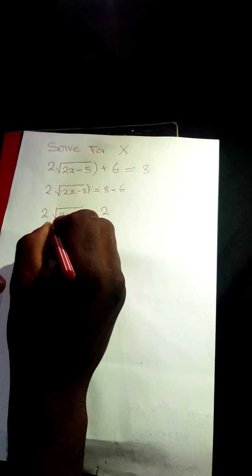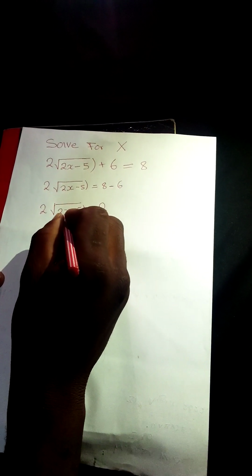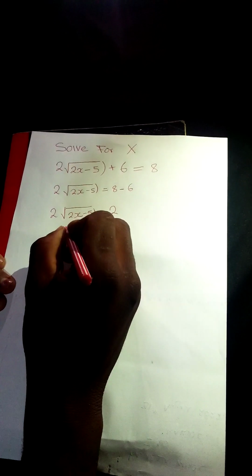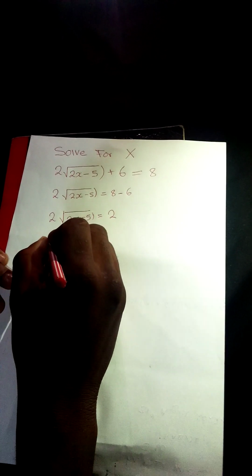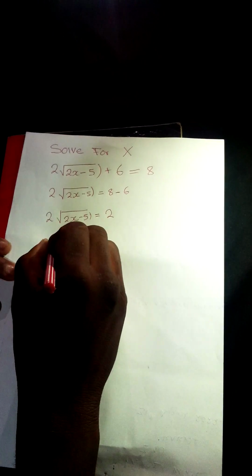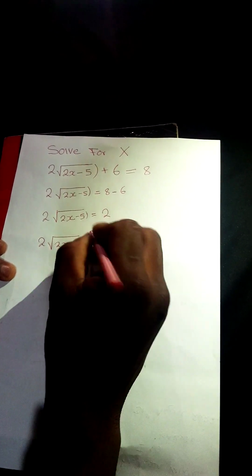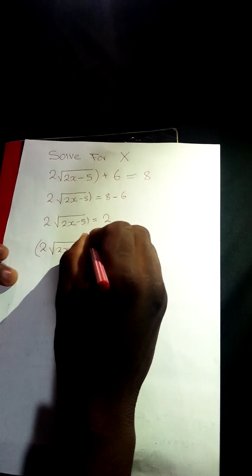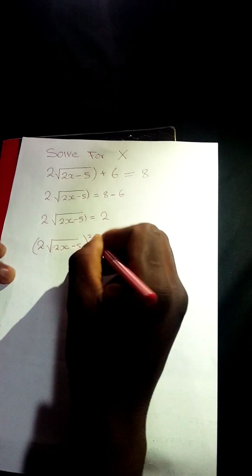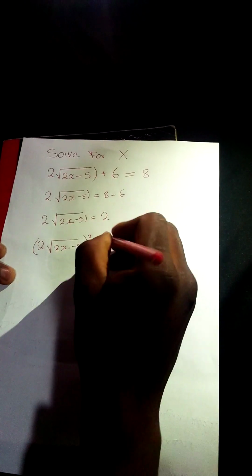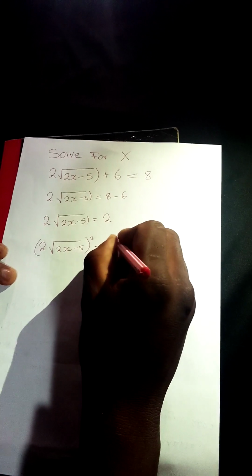Then for us to find the value for x, we are going to introduce the square, which means we are going to have (2√(2x - 5))² = 2². Since we have squared on the left hand side, on the right side we have to do the same.